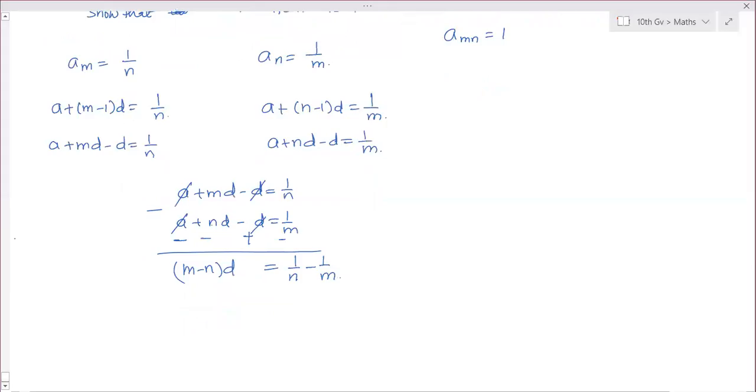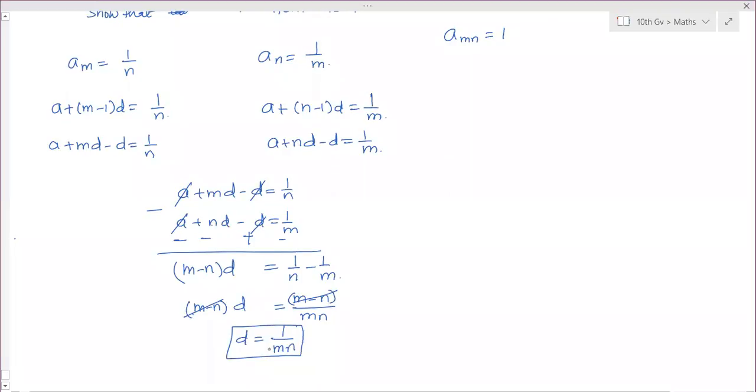Let's simplify this. This is equal to m minus n by mn is equal to m minus n into d. So this m minus n and this m minus n get cancelled. So d is equal to 1 by mn. This is the d term.